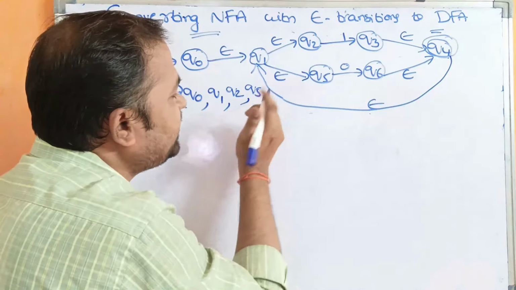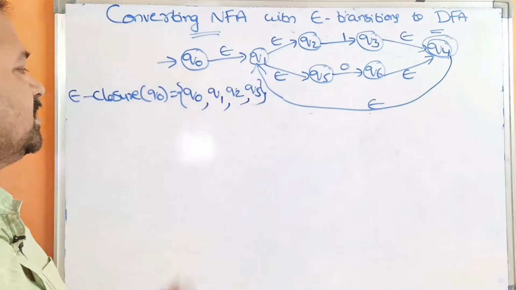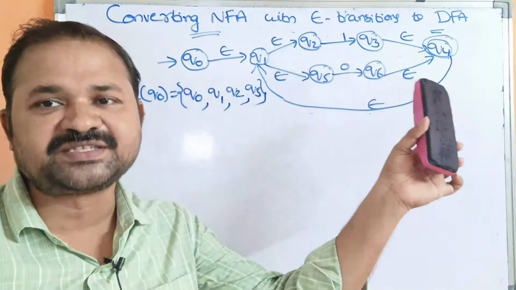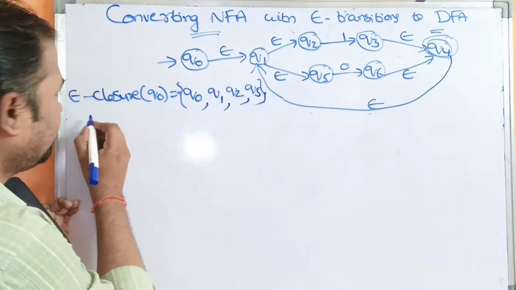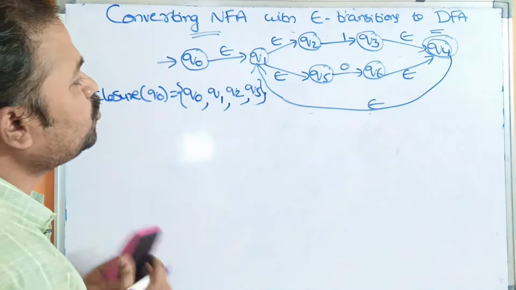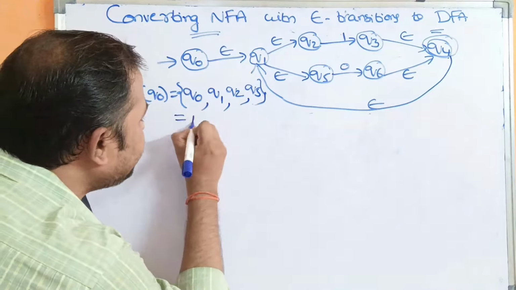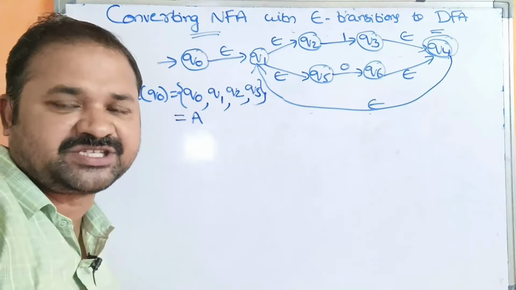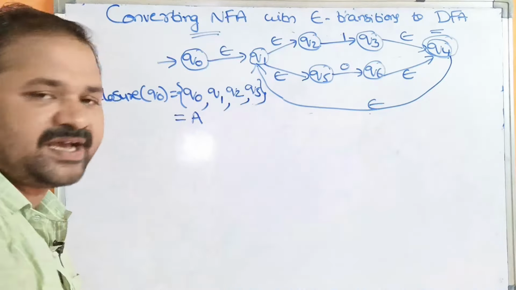So this is the epsilon closure of Q0: the states reachable by applying epsilon are Q0, Q1, Q2, Q5. Let us call this state A, the starting state.